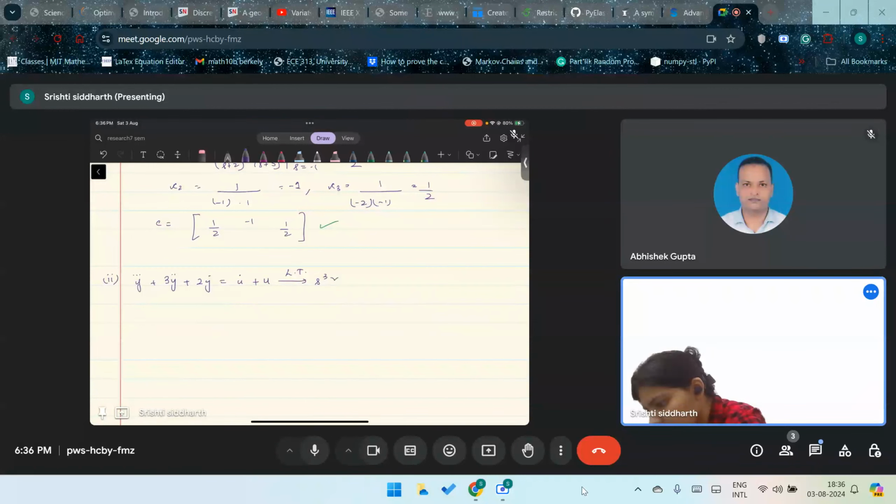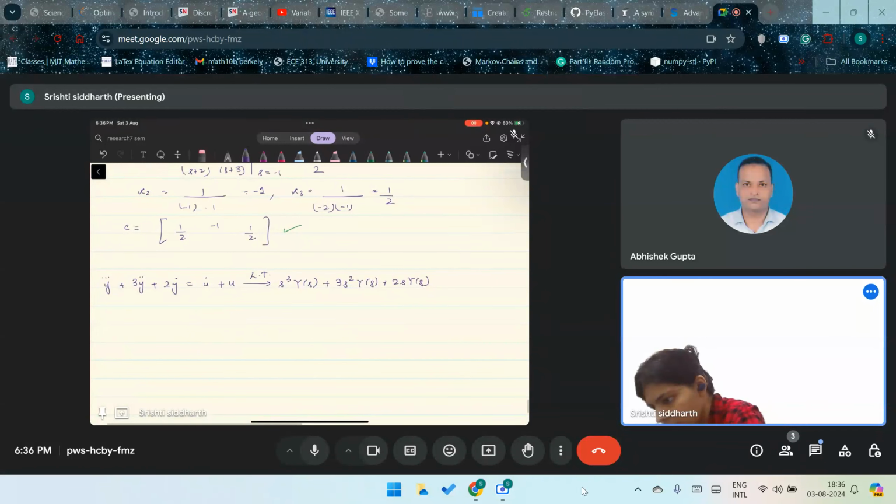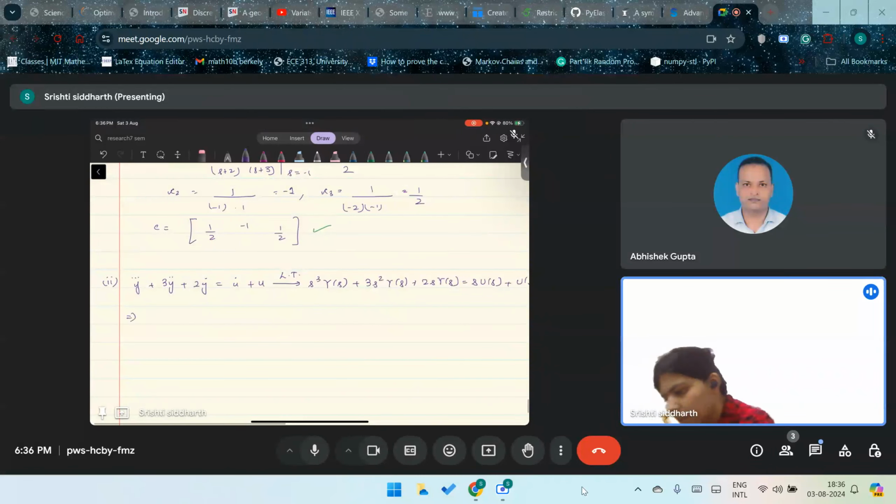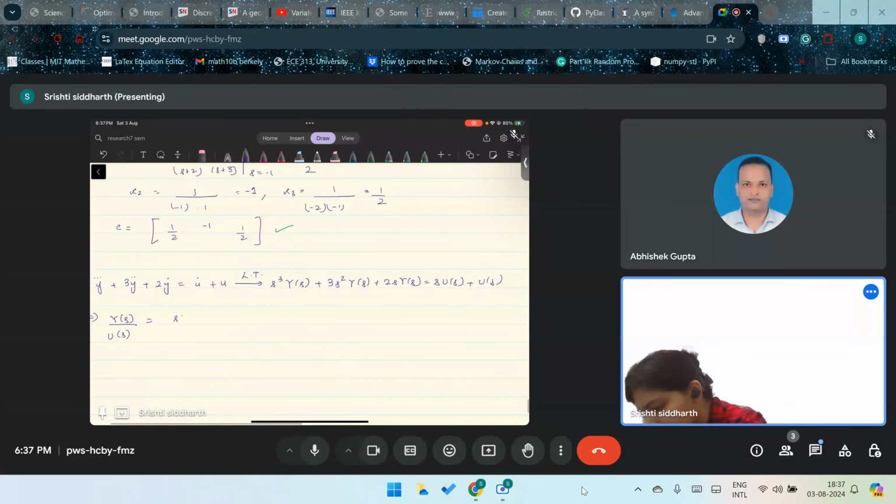We have s cubed Y(s) plus 3s squared Y(s) plus 2sY(s) equals sU(s) plus U(s). So this implies that Y(s) over U(s) is s plus 1 upon s cubed plus 3s squared plus 2s.